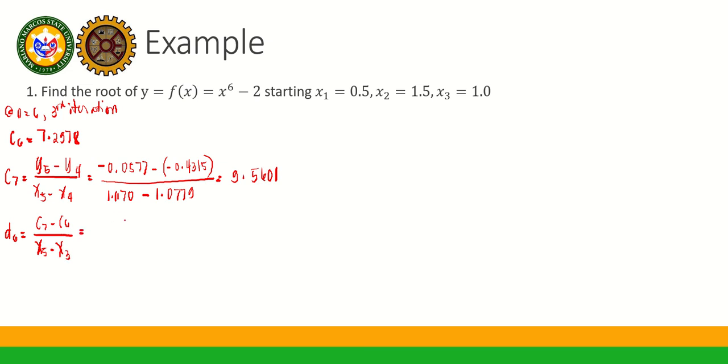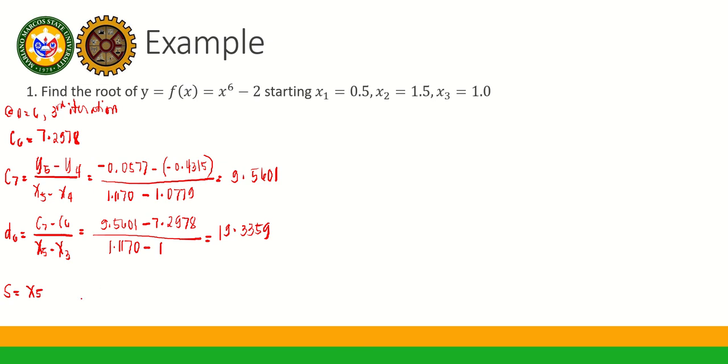So this is equal to 9.5607 minus 7.2978 all over our x sub 5 is equal to 1.1170 minus x sub 3, that is 1. So our d sub 6 is equal to 19.3359.